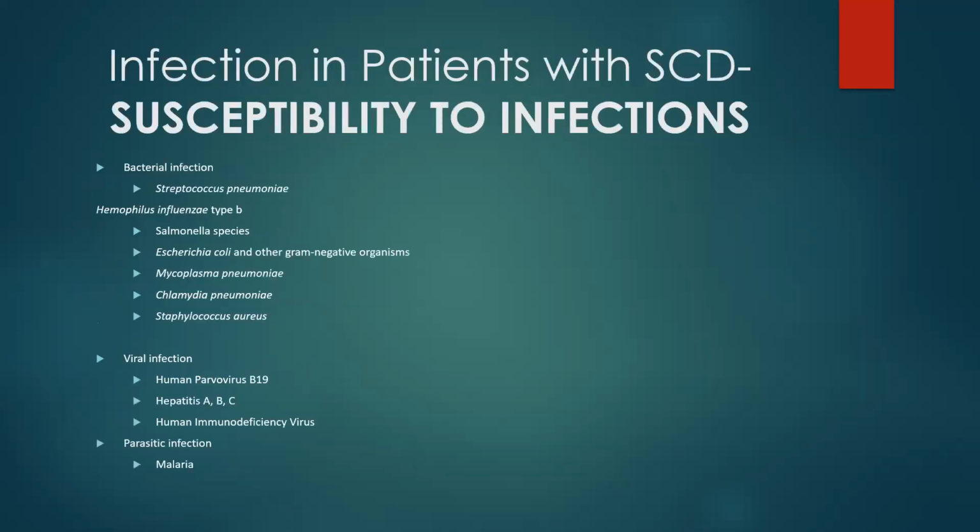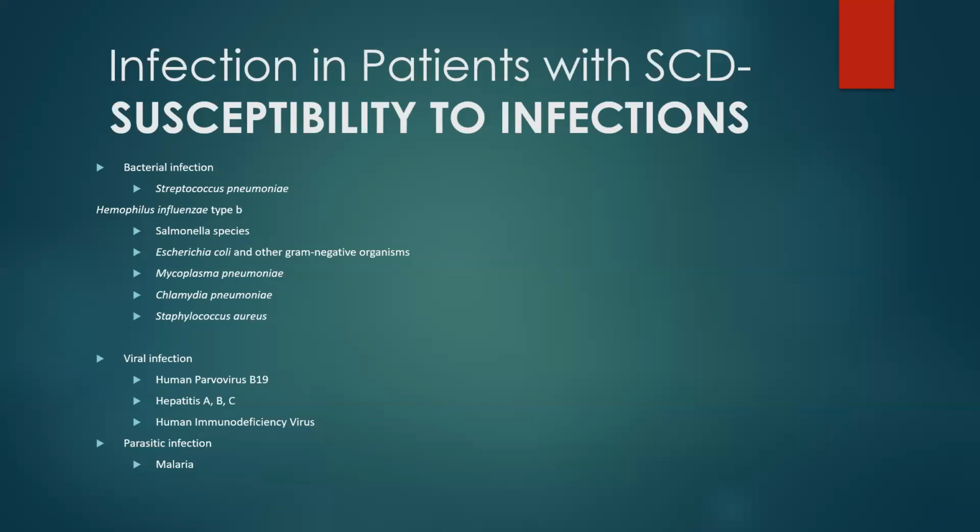Patients with sickle cell disease are mostly prone to infection, and Streptococcus pneumoniae and Haemophilus influenzae B are implicated. However, because of immunizations, these organisms are nowadays mostly not implicated.